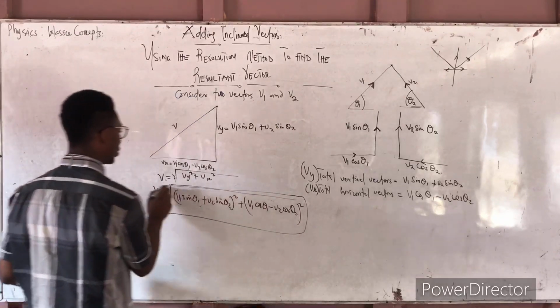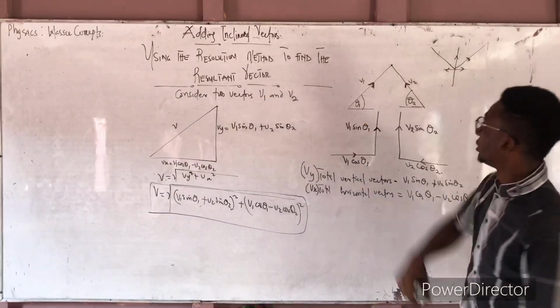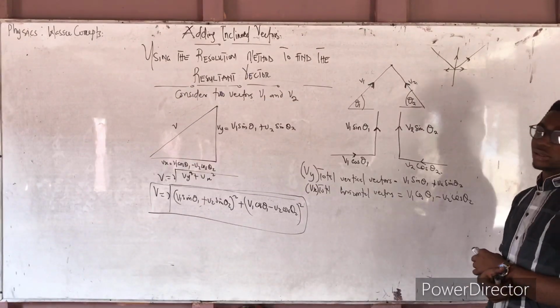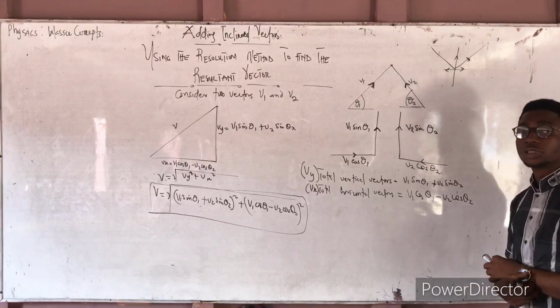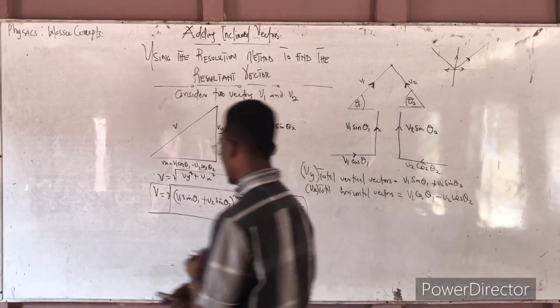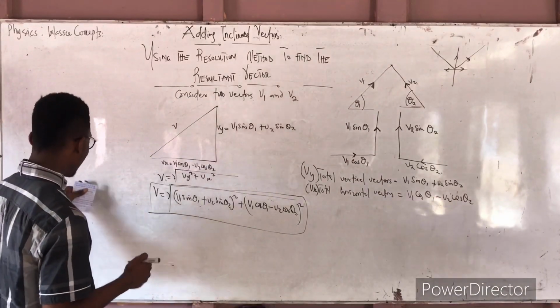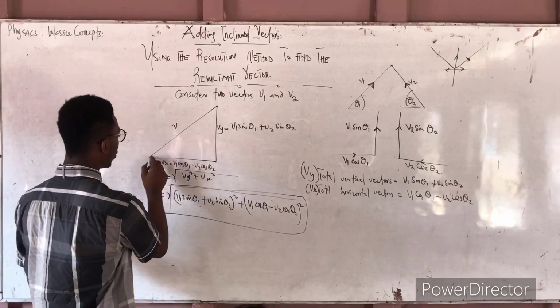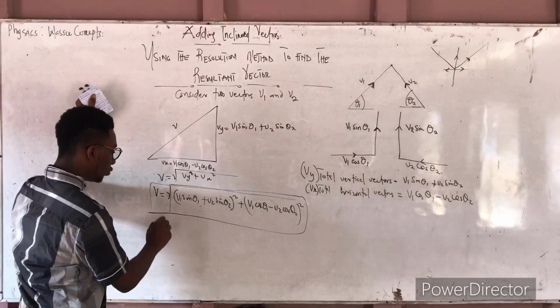That is how you can use the resolution method to find a resultant vector when we have two vectors inclined to each other at a point, subtending angles with the horizontal. When you do this, and you want to find the direction of the resultant vector, you don't know it after resolving.